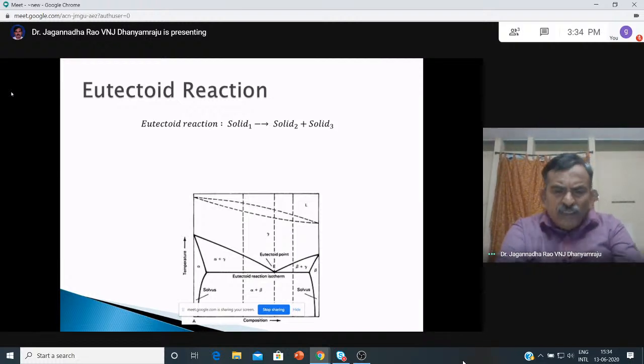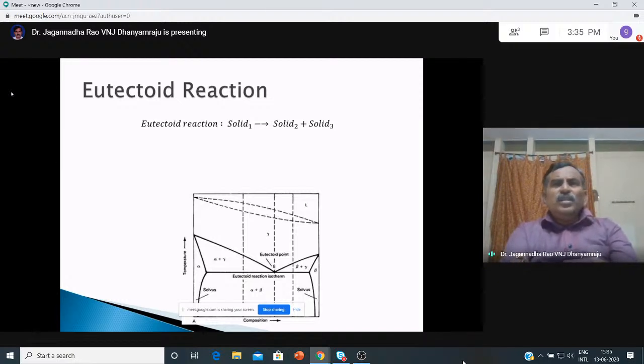But however, there is alpha that is precipitated before alpha plus beta, because this alpha plus beta mixture is a eutectoid mixture, right? It is a eutectoid mixture, and this alpha is called pro-eutectoid constituent. And similarly, for a hyper-eutectoid alloy, you have a pro-eutectoid beta and eutectoid alpha plus beta.